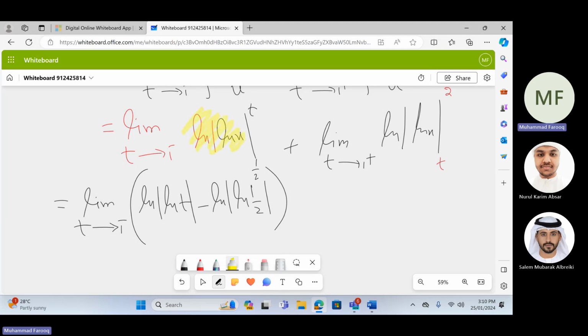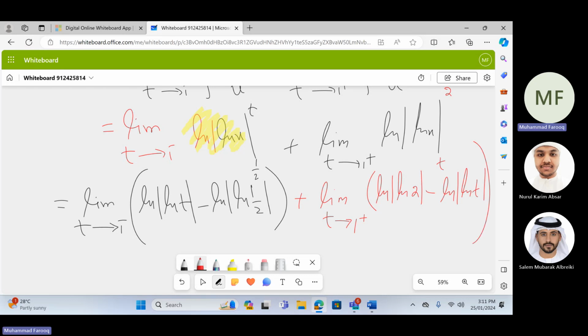In my answer, I substitute the upper limit first, then minus the lower limit. Same thing repeated here: limit t approaches one from the right side, ln absolute value of ln 2 minus ln absolute value of ln t.